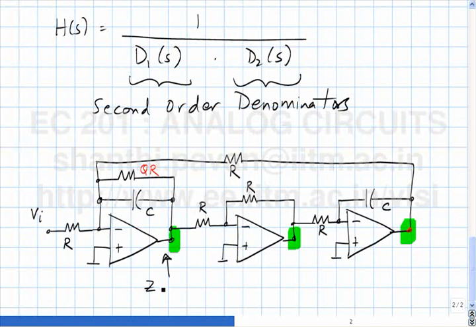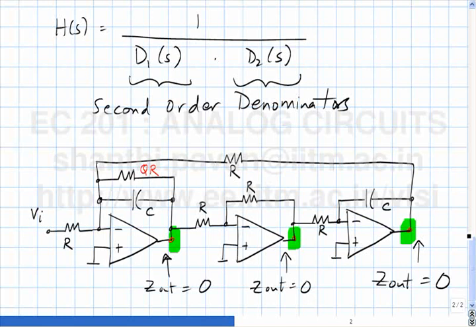The Z out here is 0, the Z out here is also 0, and the Z out here is also 0. So since the output impedance is 0, in principle they can drive any load, which means that if you cascade this with another second order section like this, then the composite transfer function will simply be the product of the individual transfer functions.